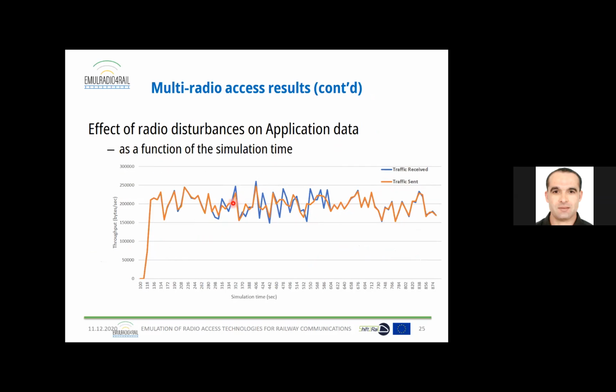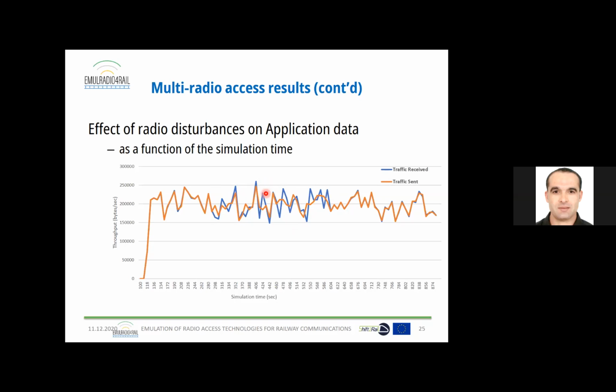And we can see that in the same period when the train is in the coverage of the jammer, the traffic received by the train is slightly disturbed, but without loss of data, compared to the traffic originally sent by the server during the interval where the train is in the coverage of the jammer.